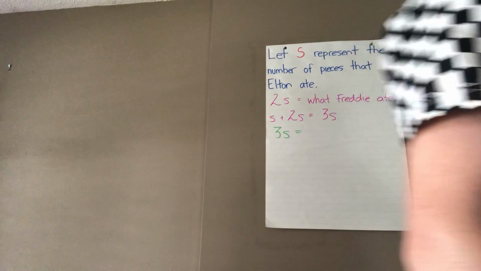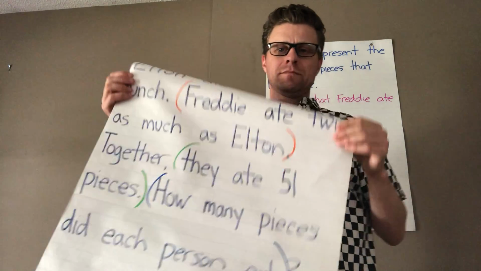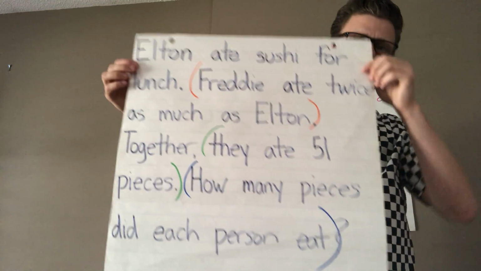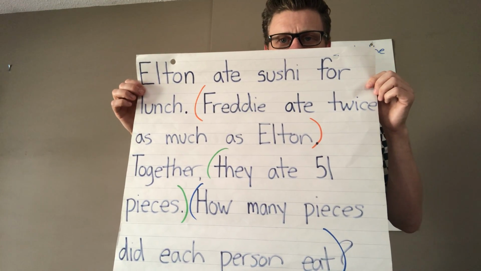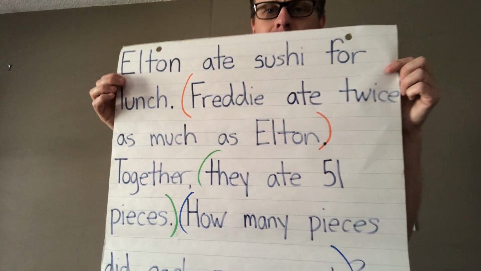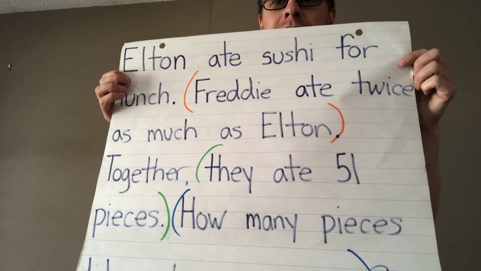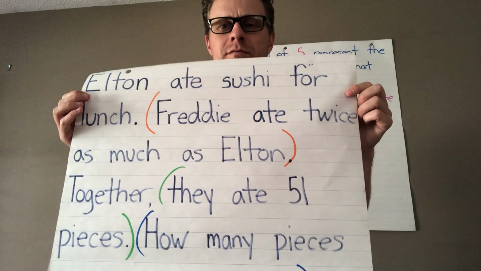This is why we highlighted the important information. What does our question tell us? What might 3S be, if it is Elton's sushi consumption and Freddie's sushi consumption?